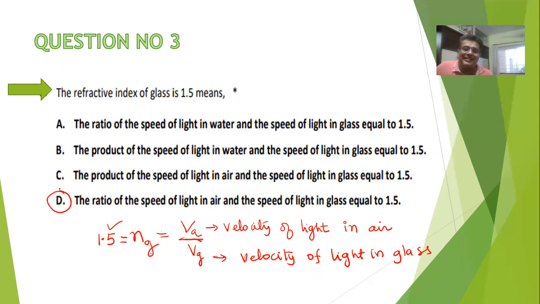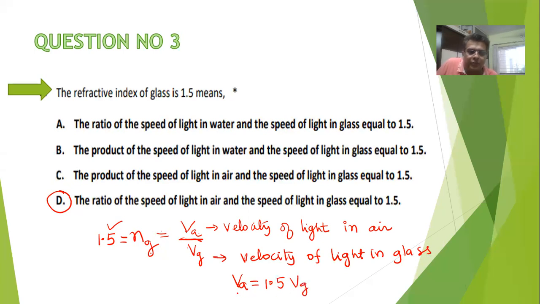Okay, right. But same thing they can tell you this way. If at all I put the answer in a different manner, answer goes like this one. Velocity of light in air is 1.5 times more than velocity of light in glass. How come? Look at this. I can always write, if at all the options are put in a different manner, VA is equal to 1.5 VG.